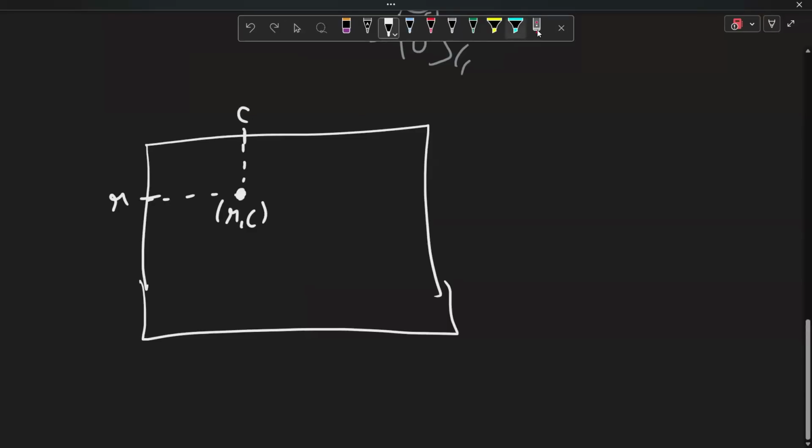For all the people in this row, they would move one to the left. For the people in the row just below r, in row number r plus 1, the person just here would move to the end of the previous row, and the remaining people would move one to the left. This is what is going to happen.